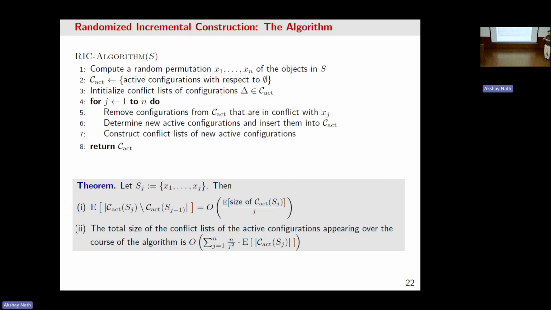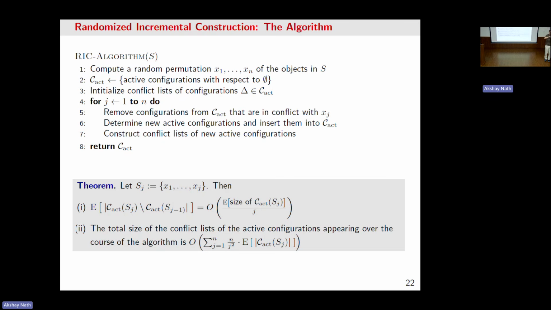Those are the ones that the new object is in conflict with. Since I have pointers from every object to all the configurations that it's in conflict with, this is easy.